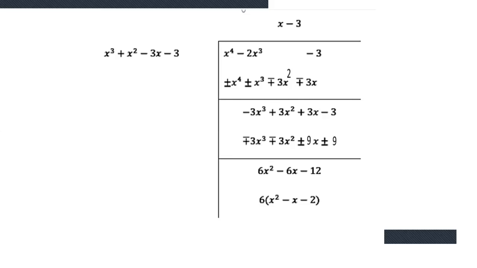By changing sign, that will cut, 3x cube will cut, 3 plus 3 is equal to 9, 3 minus 9 is equal to 6, minus 3 minus 9 is equal to 12. Here you can see that 6 is common. By taking 6 common, remaining will be x square minus x minus 2.